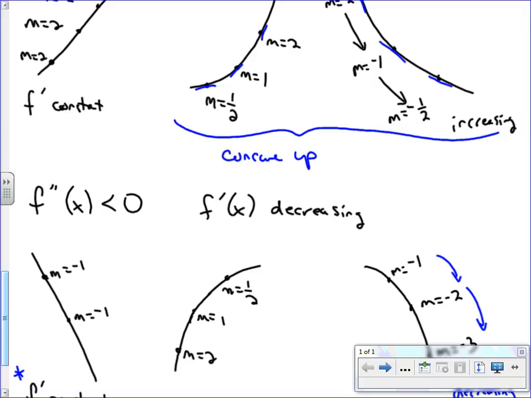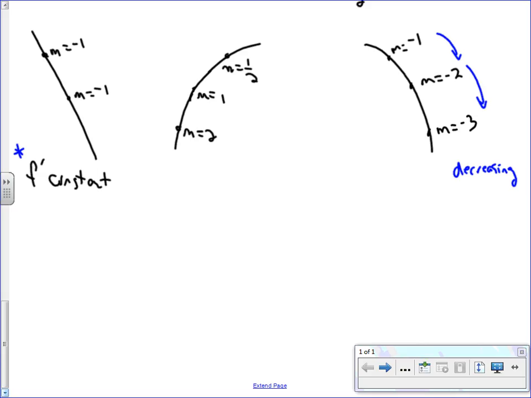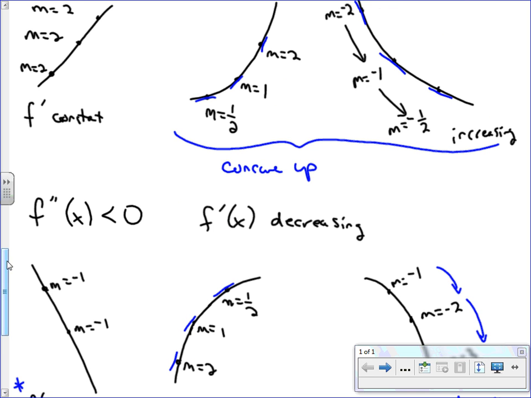And if you look at these two right here, that same vocabulary to describe them would be concave down. One way to tell them apart, I always have a few people who don't know how to tell them apart: when you draw the tangent line, if the tangent line is above the graph, then it's concave down. If the tangent lines are below, then it is concave up. So that's one way you can do that.